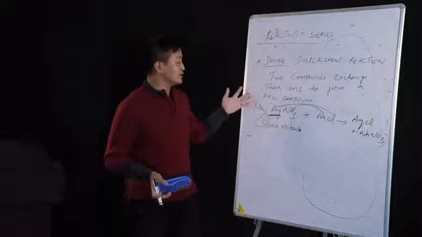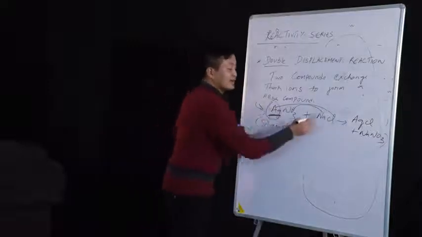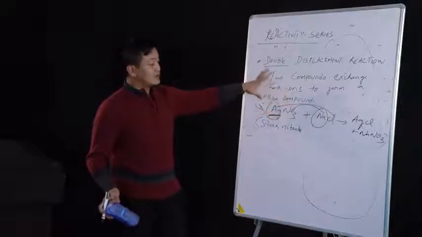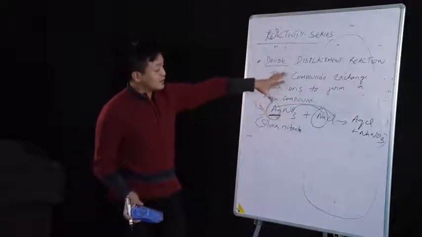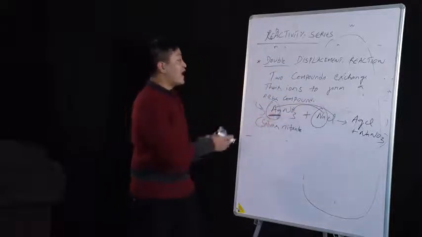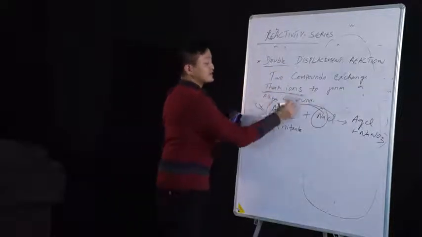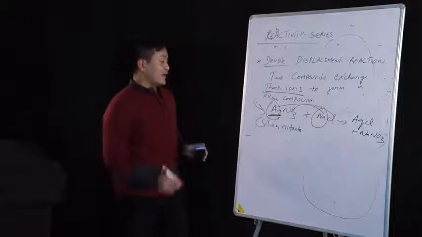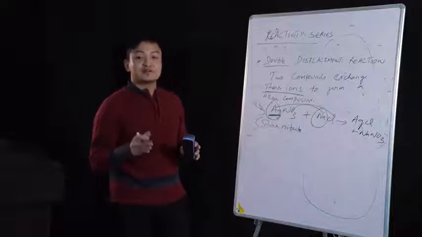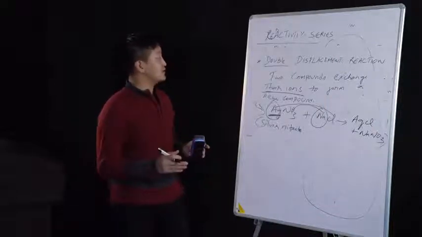What we are getting to see is this A and this N. When they come together and the reaction has taken place, they have exchanged their ions. If you are clear with the concept, it is very important, my dear students. So please keep the concept in mind.